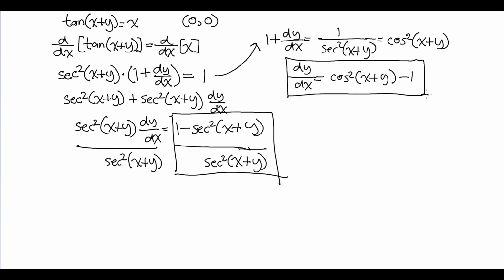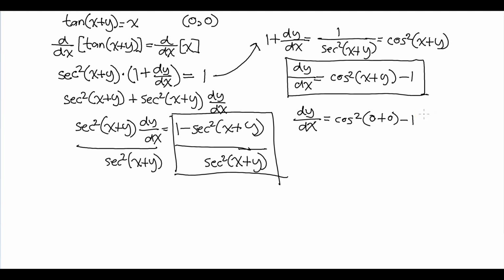But we're still not done, because we want to find the equation of the tangent line at point (0, 0). So if we plug in x and y to get dy/dx, the slope of the function at (0, 0), we get cosine squared of 0 plus 0, minus 1.